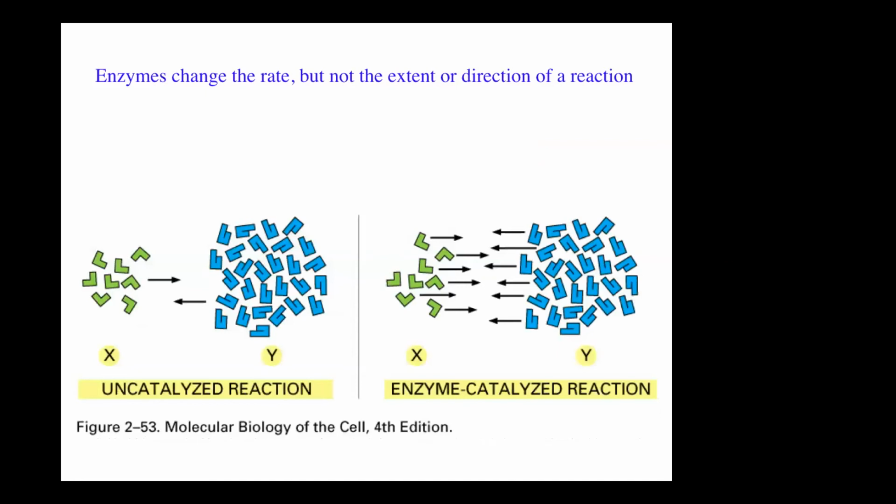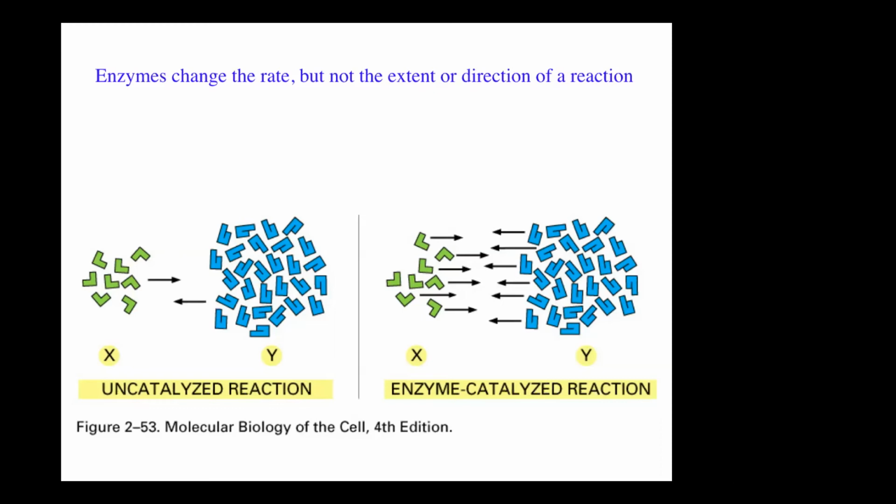They will take a reaction that might happen slowly. So for example, on the left is again a conversion of X to Y, which has a big negative delta G. So the reaction wants to go to the right side to make the blue molecules, but uncatalyzed, it'll do it very, very slowly. Every once in a while, as denoted by those arrows, a green one flips into a blue one, and a blue one flips into a green one.